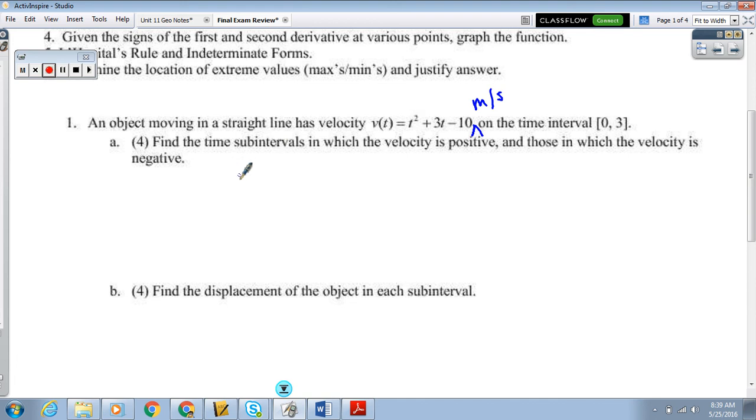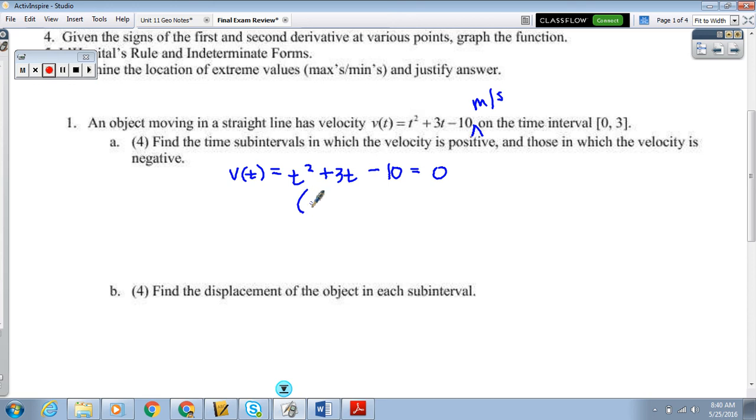In this case, the thing we have to keep in mind is that in order to find when my velocity is positive or negative, I have to think about when I'm stopped. So I'm going to set this velocity equal to 0. Here we're happy and excited because this I think is something that factors.